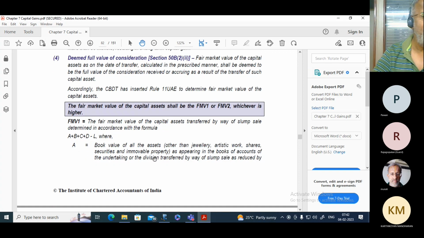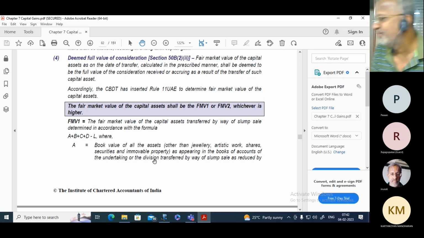Deemed value for full value of consideration. Here is a place where we are going to do that. In fact, it is not simply ABCD alone. I got to take up whichever is higher also. The fair market value of the capital asset shall be FMV1 or FMV2, whichever is higher.